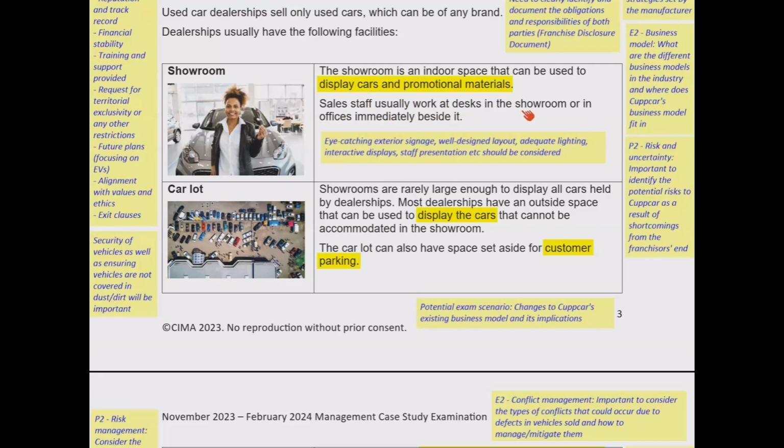We could think about the skills of the sales team. We could think about the number of sales team available to help the customer when they come into the showroom. We could think about how many cars they have on display. Because on the one hand, a lot of different models of Volvo, for example, would give the customer a lot to look at, would bring them into the dealership and would help Cuppcar to get those sales.